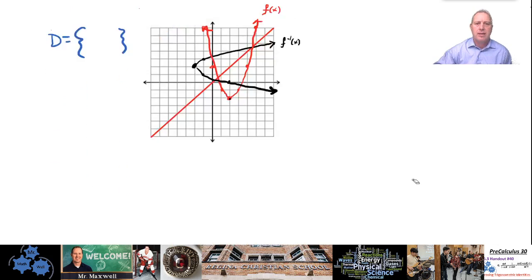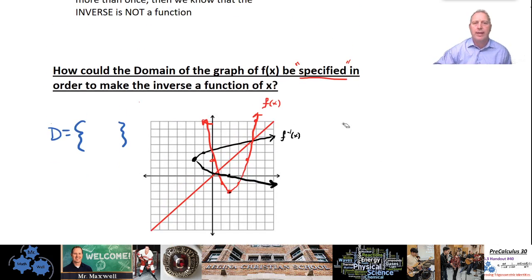All right, and I think this is it. That's all I have for you. Okay, so just going back to that graph, how could the domain of the graph of f of x in this case be specified? And this is terminology that you'll hear in this course. How could we specify a specific domain in order to make the inverse a function?